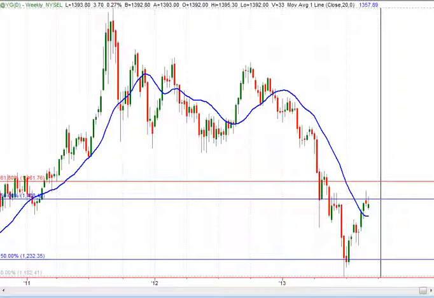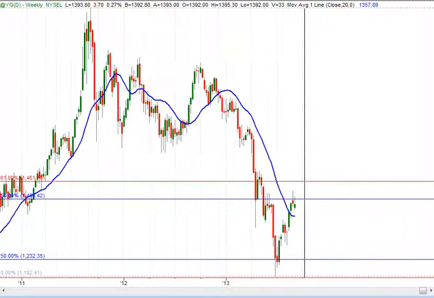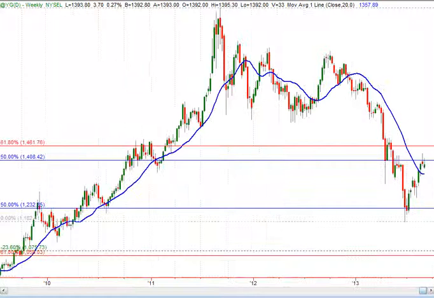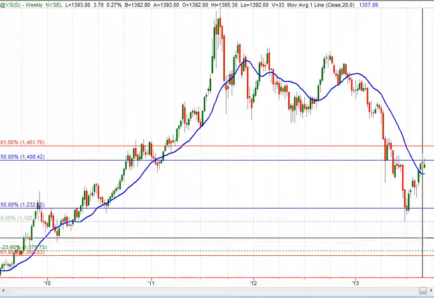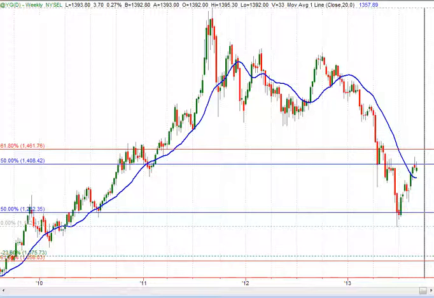This is what we see on the weekly, and if this setup was to be observed and respected, then we can see that we have much lower prices to go for gold on the weekly side.